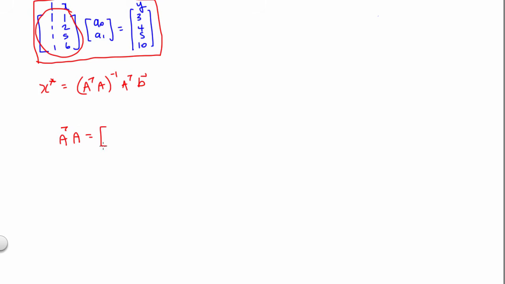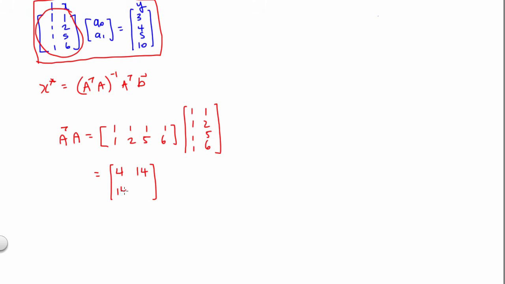So if we transpose that, we get 1s along the top row, and then 1, 2, 5, 6 along the bottom row, and that's going to get multiplied by the original matrix A. So doing that matrix multiplication, we end up with a 2 by 2 matrix, which looks like 4, 14, 14, 66.